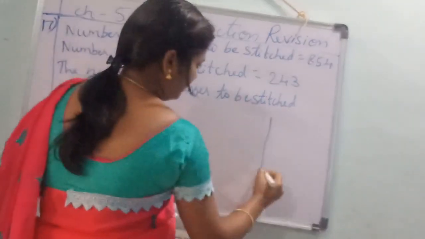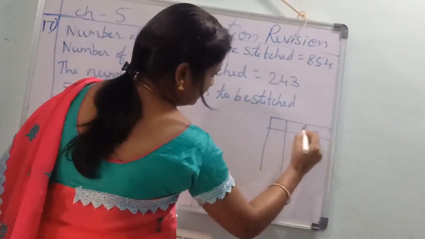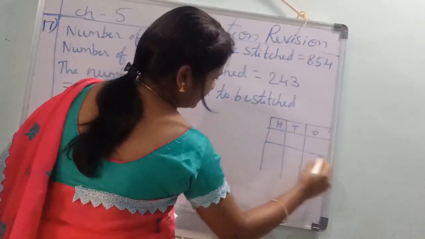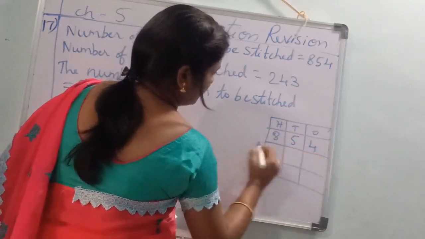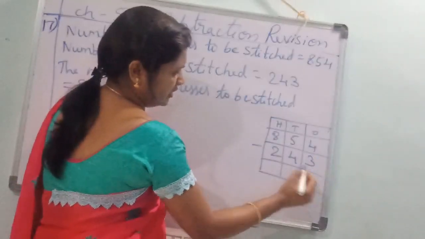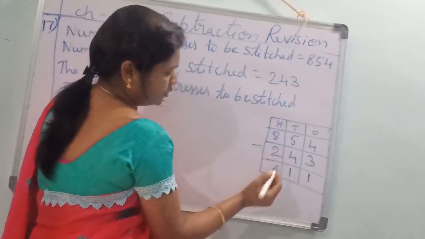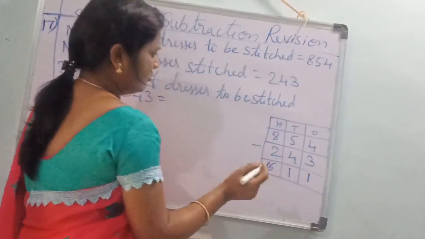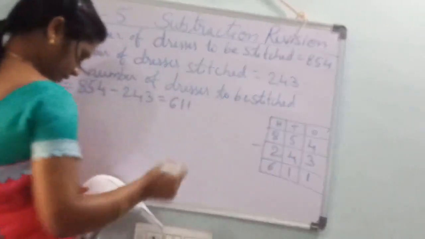See, ones, tens, hundreds. 854 minus 243. In the 4, 3 should minus 1. 5, 4 should minus 1. In the 8, 2 should minus 6. What is that answer? 611. Yes.